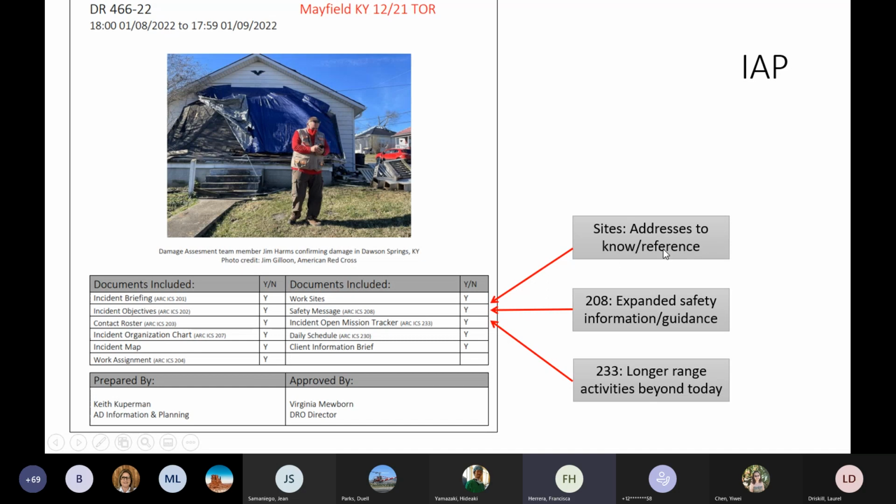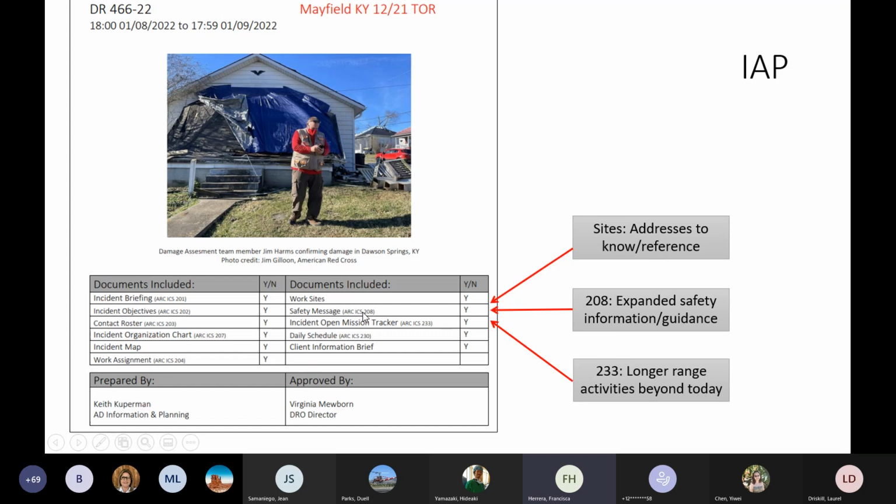Sometimes it's a combination of all the addresses on the DRO, sometimes the key resources. It really depends on the way your DRO has developed over time and what has been important to reference. So if there is an address that you reference often and it's cumbersome and you can't find it on the list, it's important for you to let information and planning know that it's a commonly referenced location. Otherwise, we function based on what has been asked.